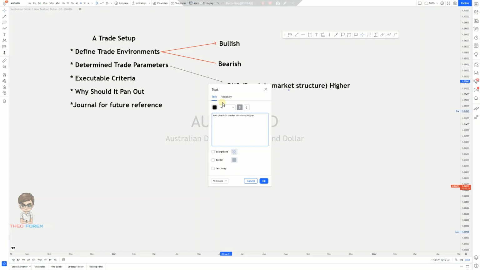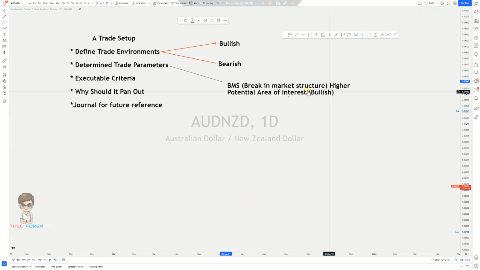I'll be looking for a potential area of interest that only supports the bullish side. I'll be looking for retracements that will fill in inefficiencies. These are what will help me determine my trade parameters if the direction is bullish.